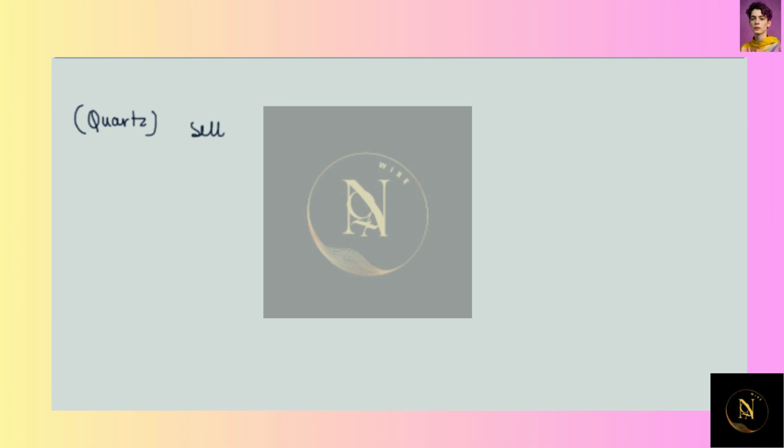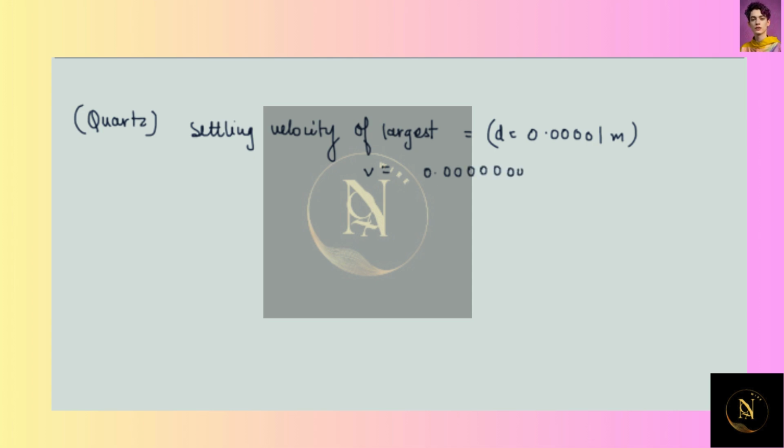the settling velocity of the largest particle would be, according to d equal to 0.00001 meter, approximately 0.0000003 meter per second.